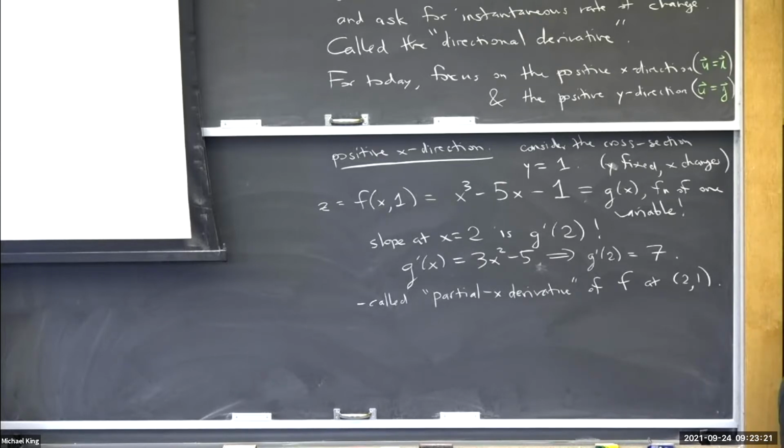Okay, so what if you do the same thing in the positive y direction? You guys should be able to do this. Take a minute and see if you can figure out what the slope is at the same point, (2, 1), in the positive y direction.